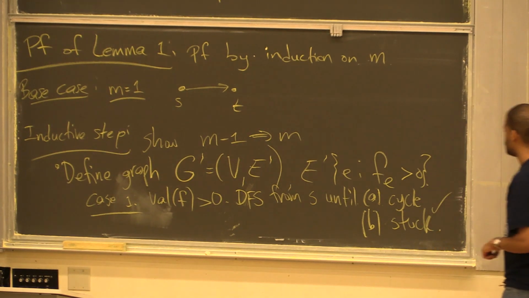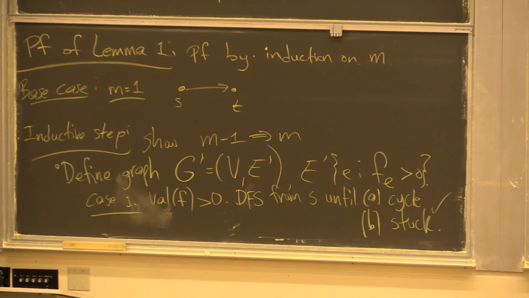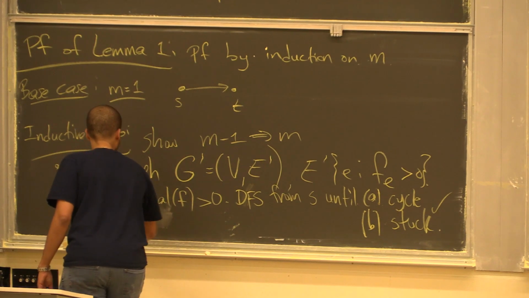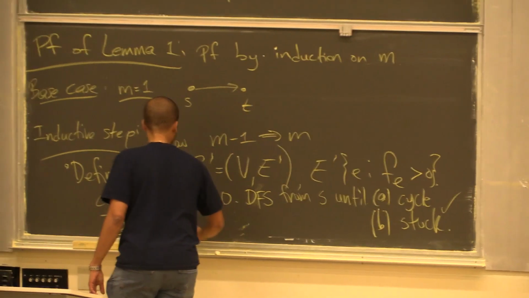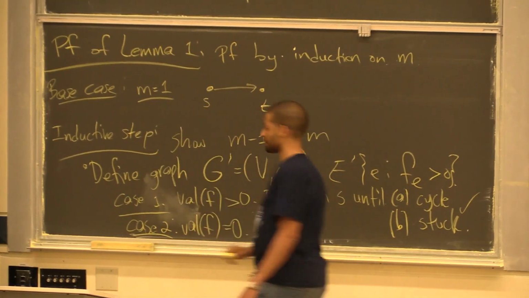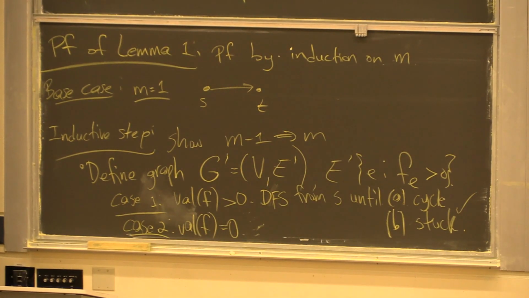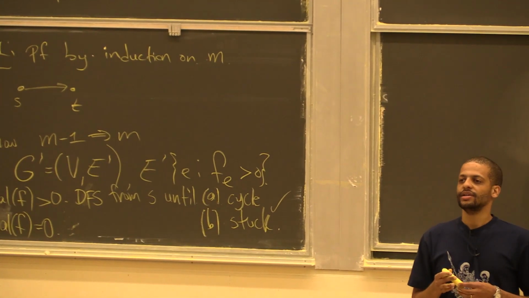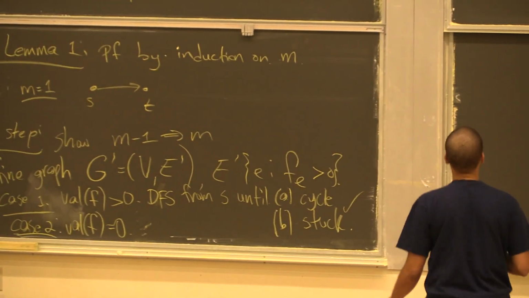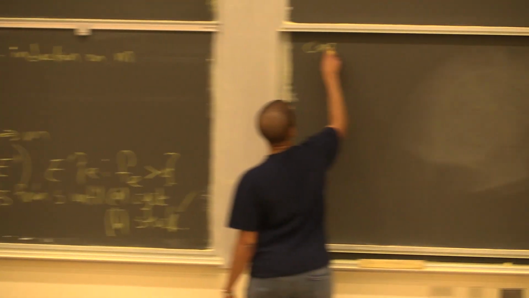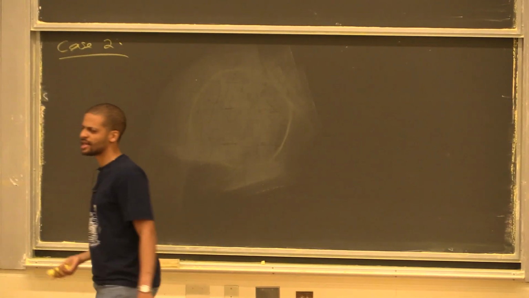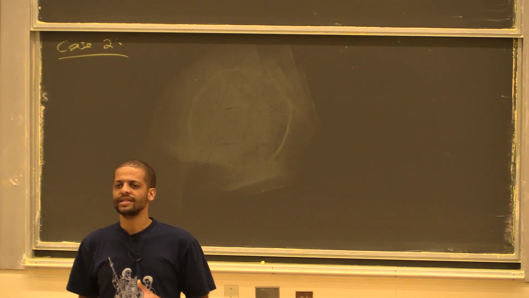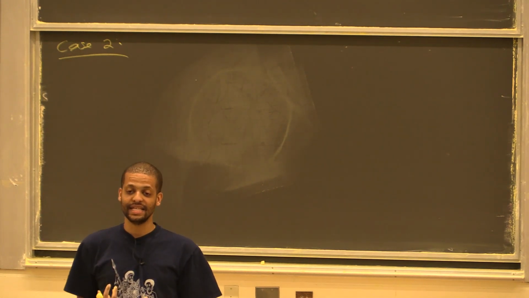Okay? That's that. It might be the case, case 2, that the value of f is 0. If the value of f is 0, that means there's nothing leaving S. And as we're going to see from a lemma later, it turns out, I haven't proven it yet, that the flow out of S equals the flow into T. Okay?